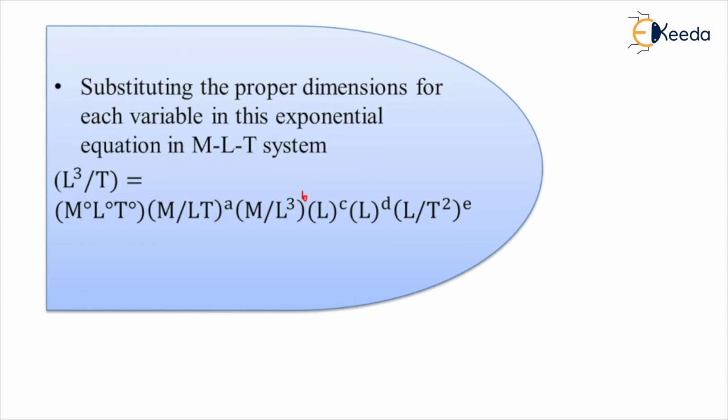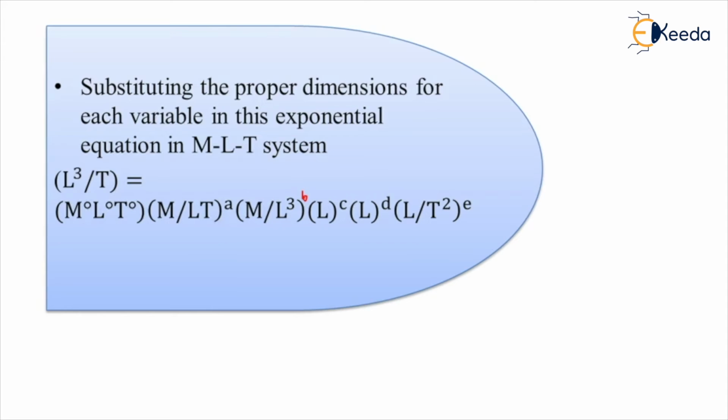For the constant C, we have M raised to 0, L raised to 0 and T raised to 0 because the constant is dimensionless quantity. Then we have mu, that is dynamic viscosity. It has dimensions as M upon LT raised to small a. That is, a is our exponential component. Then for the density rho, we have a dimension as M upon L cube raised to small b.